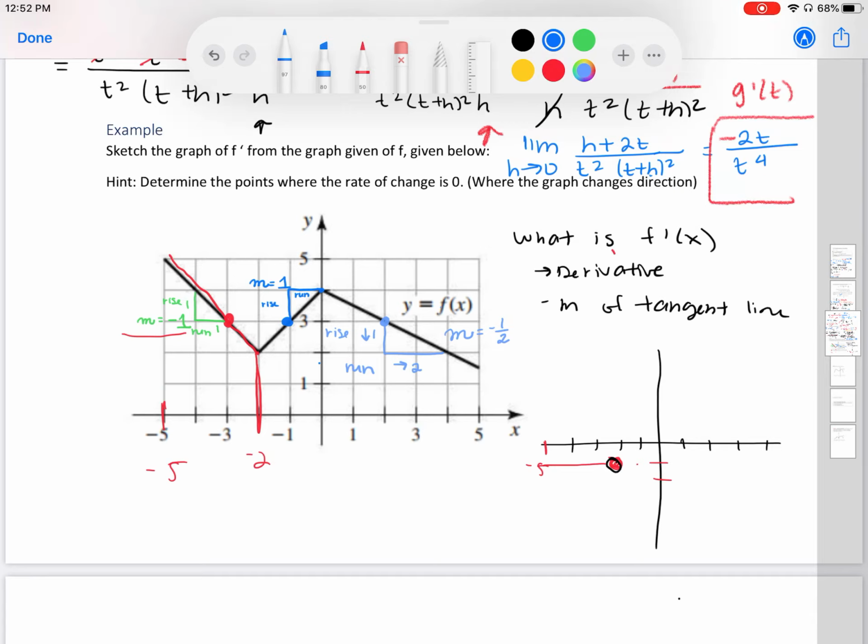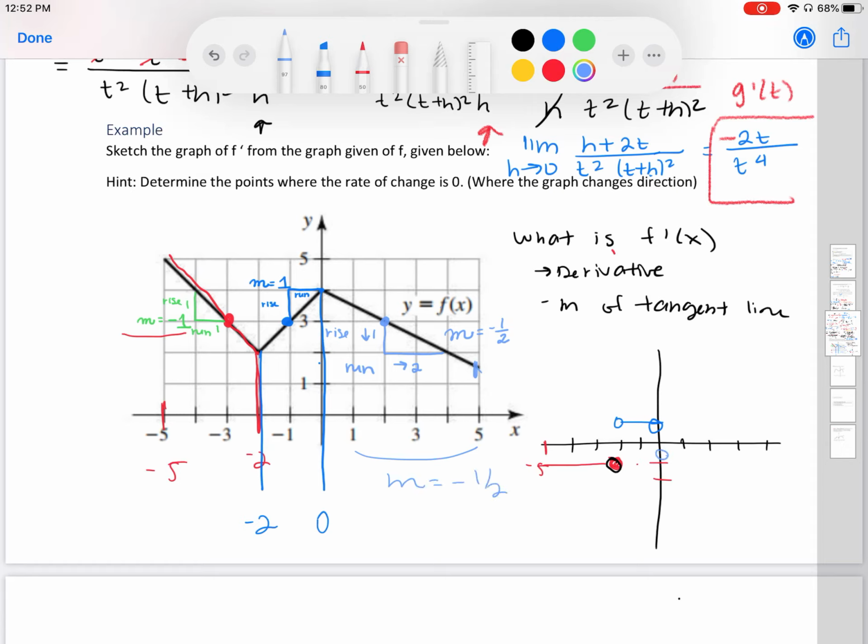Now the slope of 1 ranges from -2, and then it stops at 0. So from -2 to 0, I will be at that 1 mark. And lastly, I have a slope of -1/2, starting at 0 and continuing on until it looks like it stops at 5, right? So from 0 to 5, that is my slope at -1/2.